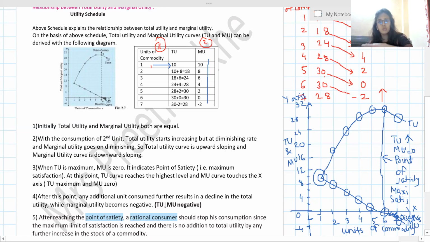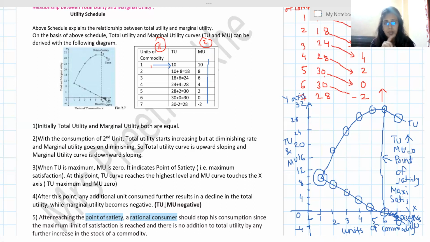Then we will do the MU part, 10, 8, 6, 4, 2, 0, -2, and then we will add back and write the TU part. Okay, then on the basis of that, draw the x-axis, label it, the y-axis, label it, with 1 centimeter distance you are going to take. Then we will draw that point of satiety, disutility. Those things are very important. Label it properly. Then we will start with our explanation.